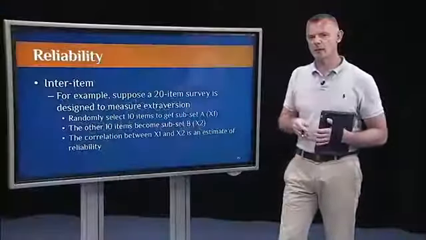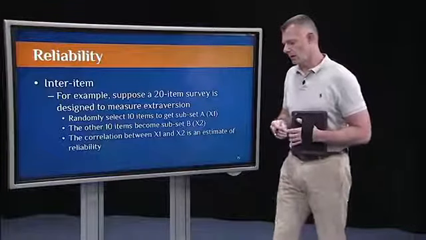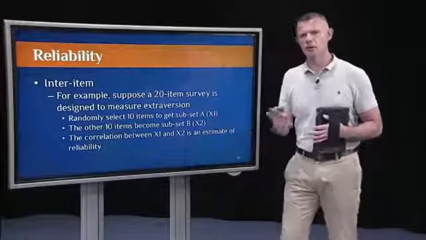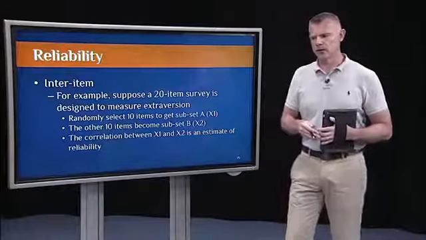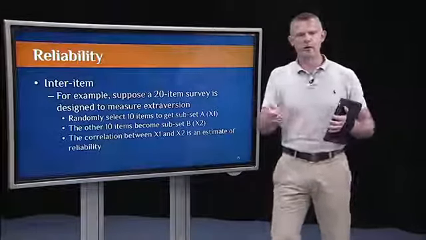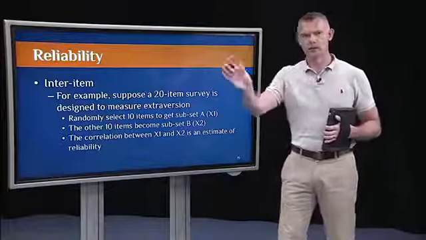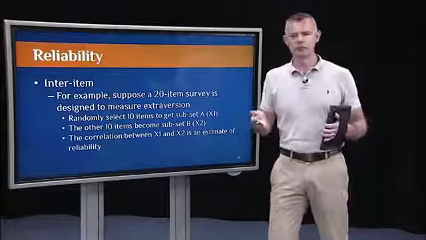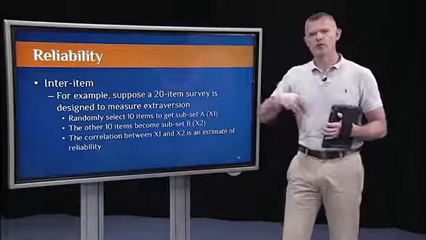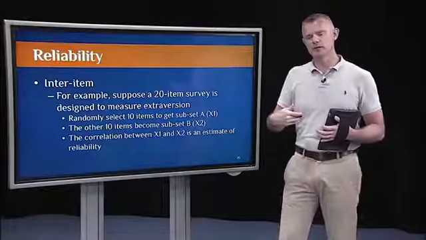So if you remember back to the correlational studies lecture where we talked about personality, there was one question that got at extraversion that said, I'm the life of the party, strongly disagree, strongly agree. And then there was another one that said, I don't mind being the center of attention, strongly disagree, strongly agree. There are several like that built into the survey.